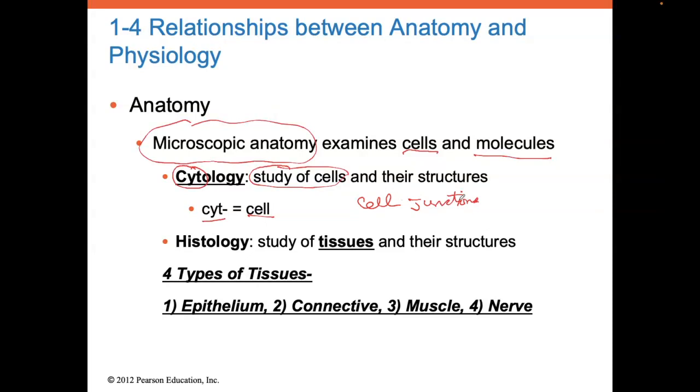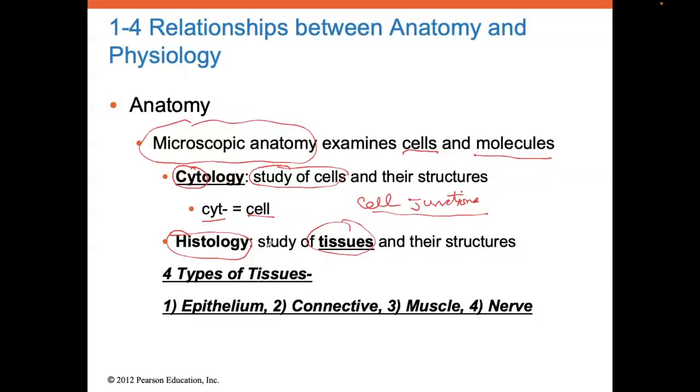When cells come together through cell junctions, when they're held tightly together or they're interlinked together, they make tissues. And when we study tissues, we refer to that as histology. So study of cells is cytology, and the study of tissues is histology. What makes up tissues? A bunch of cells of similar function that are linking up together through cell junctions.